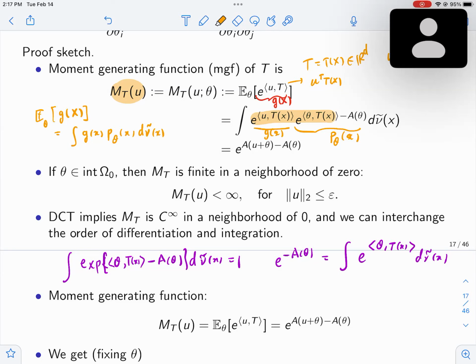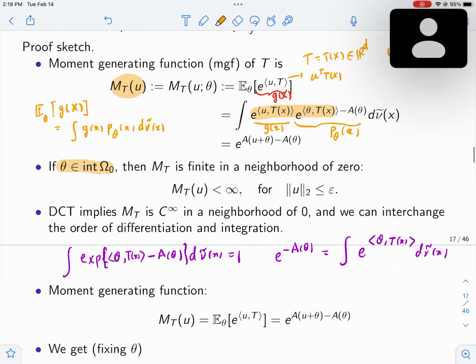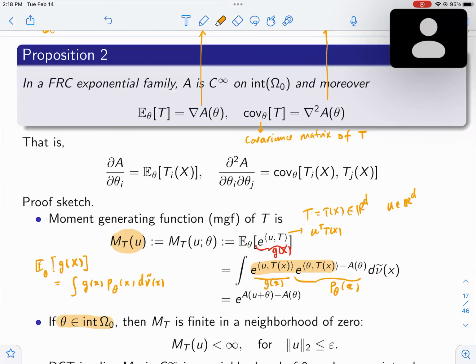Any questions? So this is the technical part. If theta is in the interior of omega naught, the natural parameter space, then M_t is finite. So this moment generating function is finite in a neighborhood of 0. Basically, what we're claiming is: pick theta, and by assumption we take theta to be in the interior, and the interior is non-empty because of the full rank assumption.